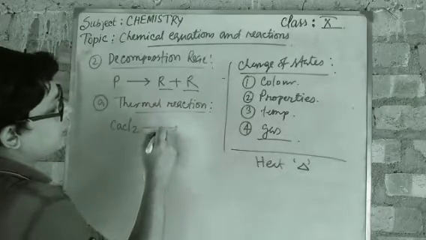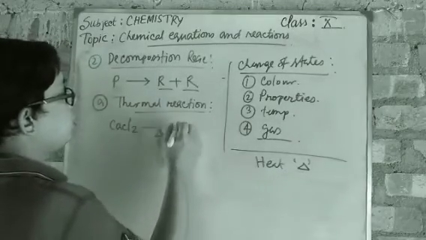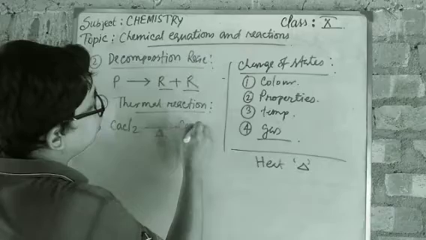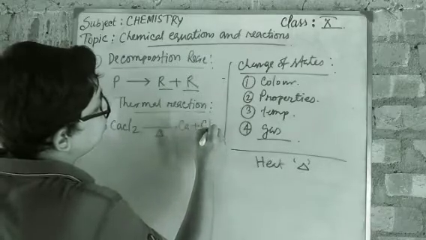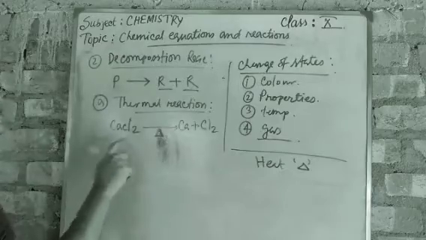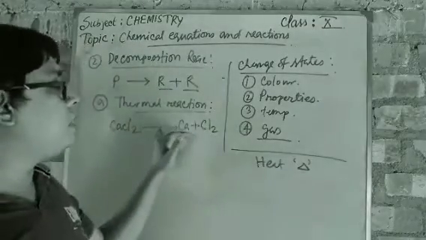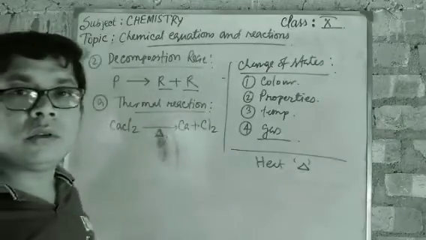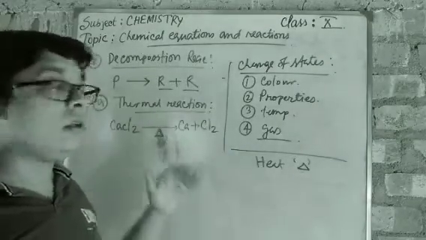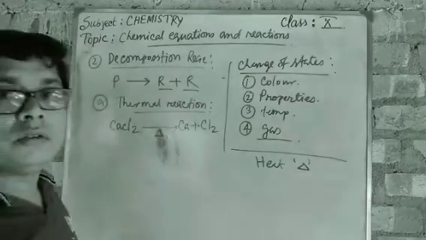Got it? Because heat is given from the underneath part. So when we give heat, it will become Ca plus Cl2. CaCl2 just divides itself, becoming calcium and chlorine. In this way it diverges and is decomposed. That's why they say it is decomposition reaction.